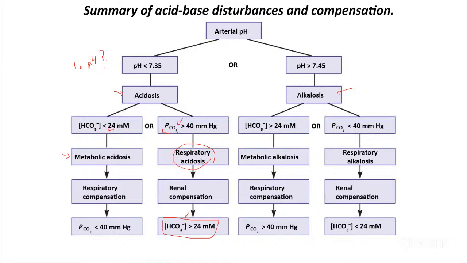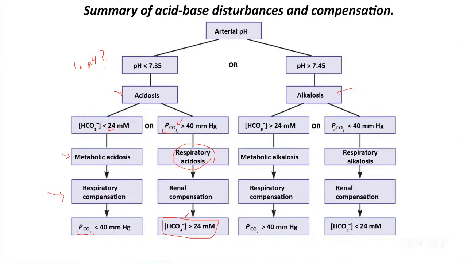So if you see a too low pH indicating acidosis, but you in fact have really low levels of carbon dioxide, low levels of carbon dioxide should be creating a higher pH. If you're not seeing that higher pH, that means that you're doing respiratory compensation, and that's making up for something else. The other side of this flowchart works the same way.